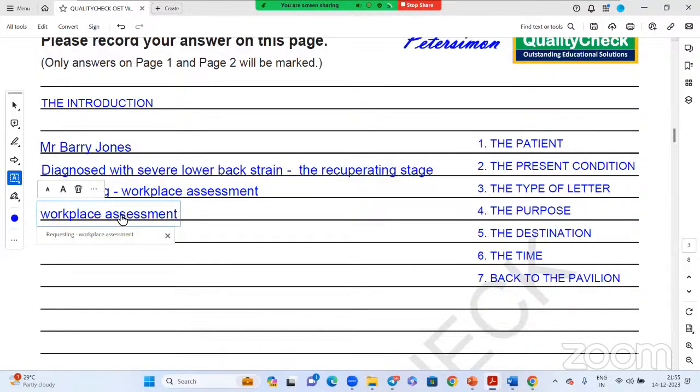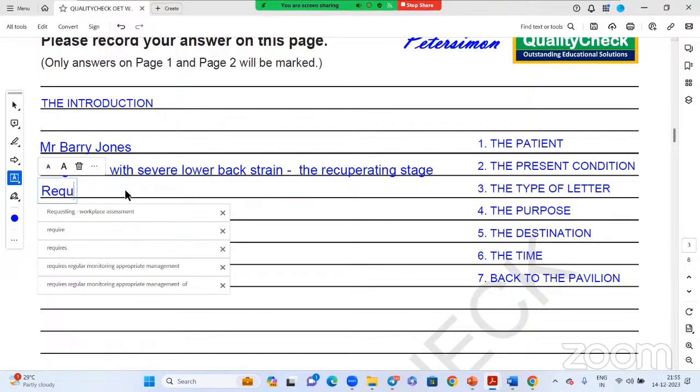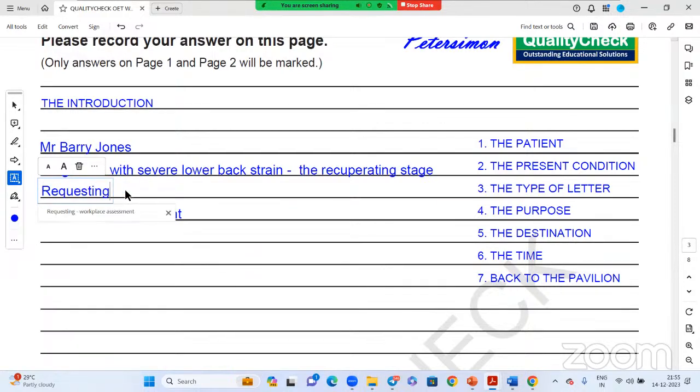So the purpose is workplace assessment. Yeah, fine.